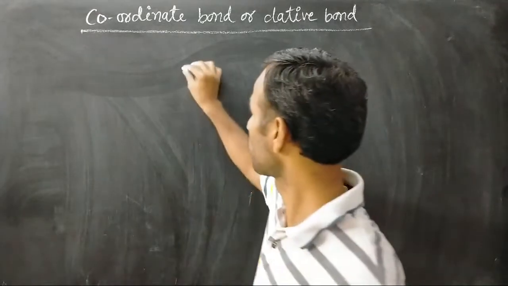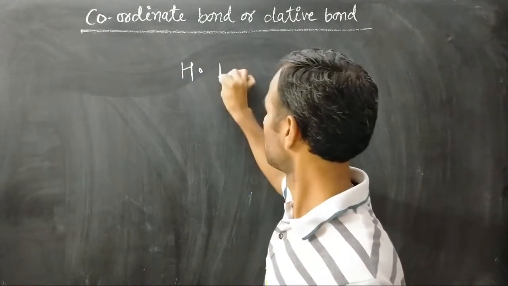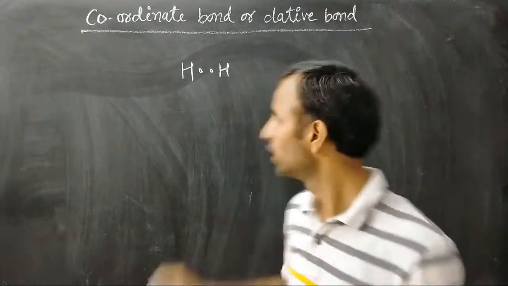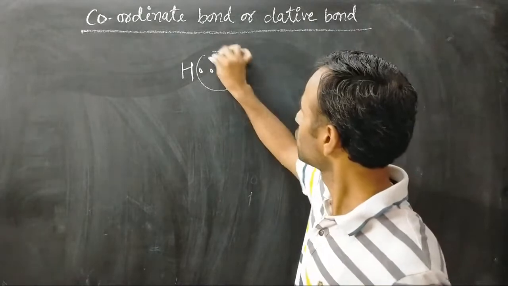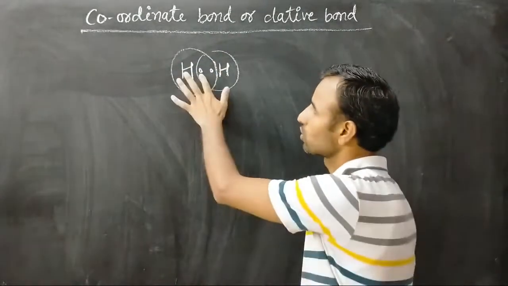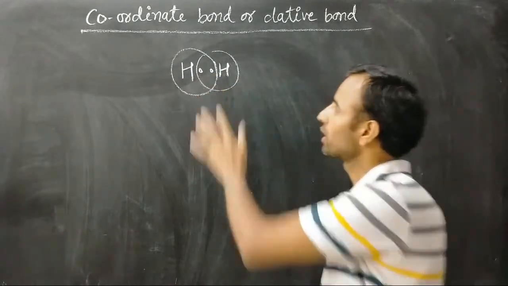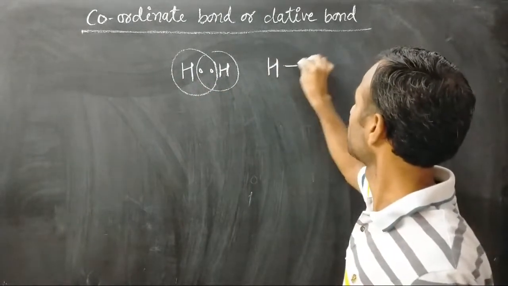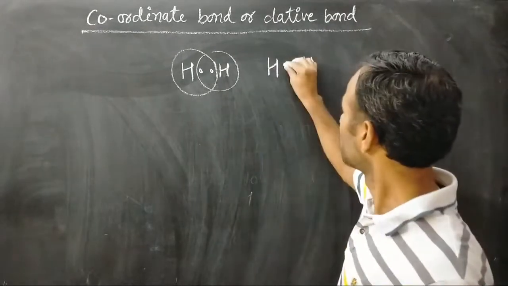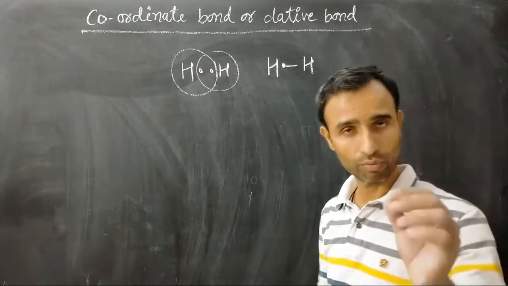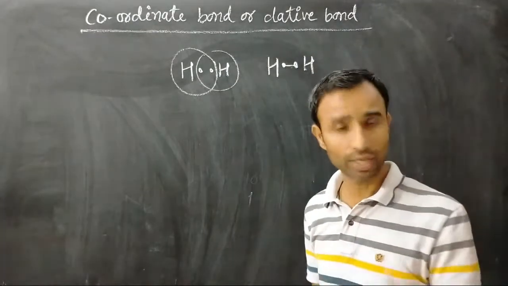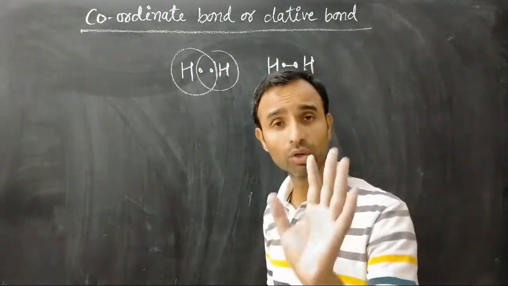In a covalent bond, what would happen? Each hydrogen has one electron, so they will share these two electrons. One electron each contributes, and therefore a covalent bond forms where 50% share is of the first hydrogen and 50% share is of the other hydrogen. I am talking about a covalent bond.